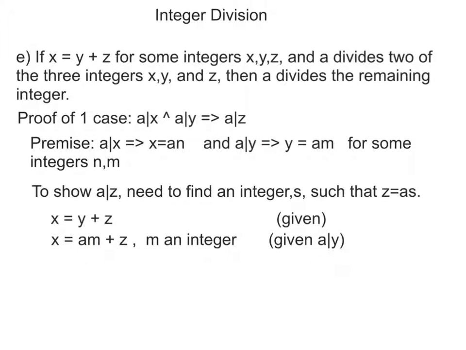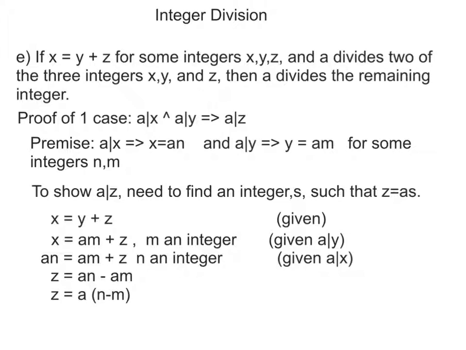Now I can also rewrite my y as a times some integer m, the way I did up here. And my justification is I am given that a divides y. I can also rewrite my x as a times some integer n because I was given that a divides x. And again, I wrote that up here. So with a little bit of algebra, I could get that z equals a times (n minus m).